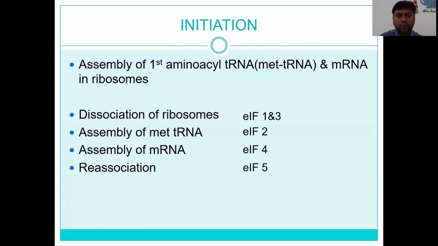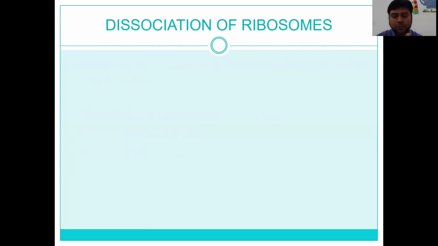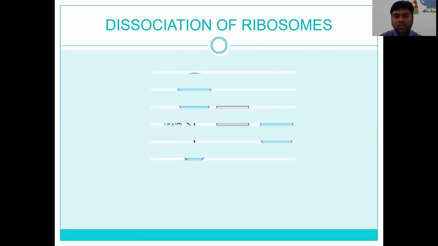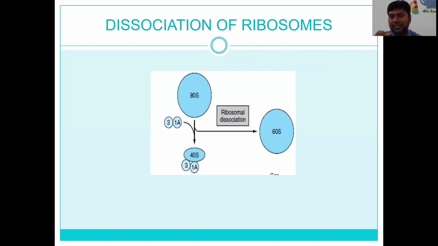First we'll start with the dissociation of ribosomes. Whenever there is a stimulus for protein synthesis, the ribosomes will automatically dissociate. The 80S ribosome of eukaryotes will dissociate to form 40S and 60S subunits. After this dissociation, factors 1 and 3, which are involved in the first step, will bind to the 40S subunit and prevent the reassociation with the 60S subunit.